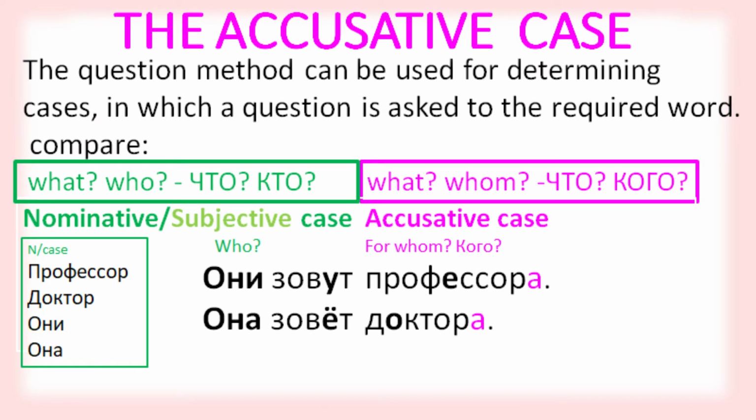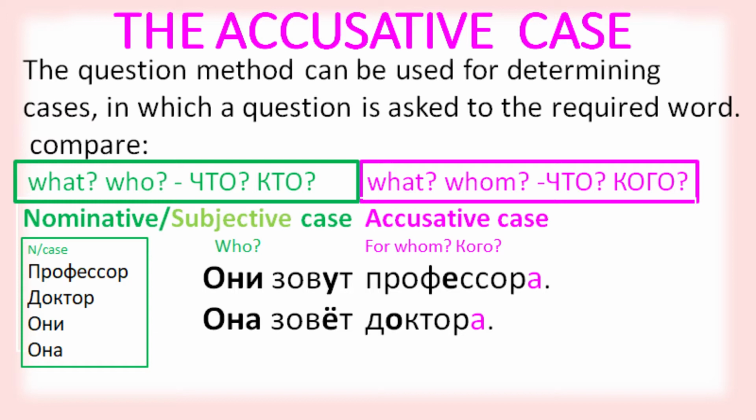The question method can be used for determining cases, in which a question is asked to the required word. Они зовут профессора. They call the professor. Она зовет доктора. She calls the doctor. Who?